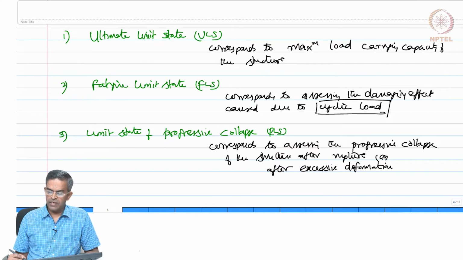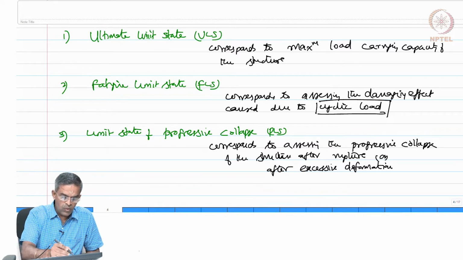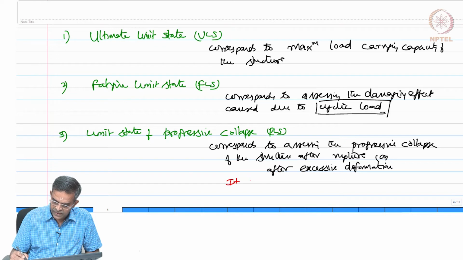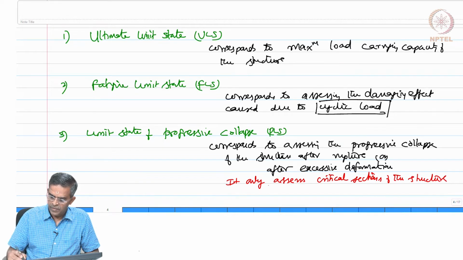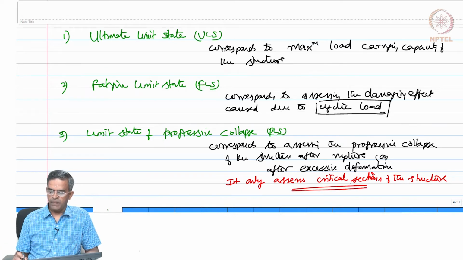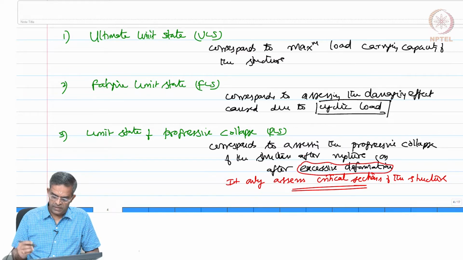So, limit state of progressive collapse does not assess the complete structure, it only assesses critical sections of the structure, where the deformations are excessive.